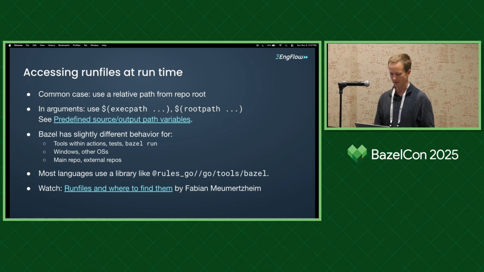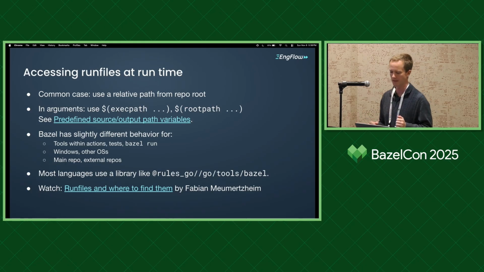If you need to reference runfiles in build files, there's the make variable expansion, which is the name of the documentation page that has this. You used to say location or locations.